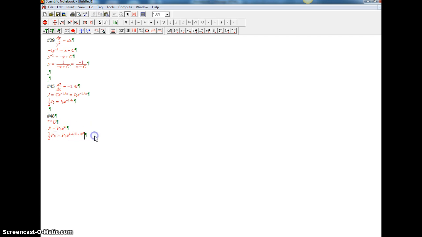We do ln on both sides, we solve. I got k to equal negative 1.54 times 10 to the negative 10.